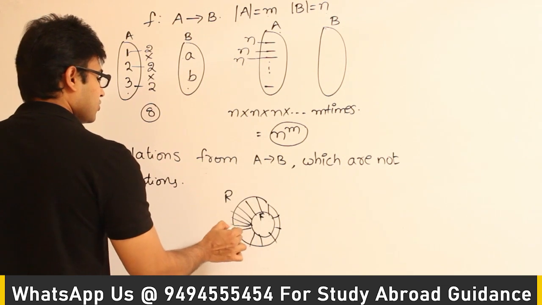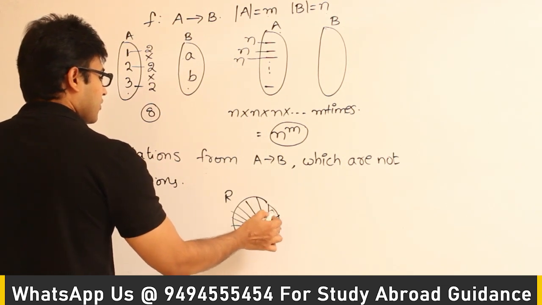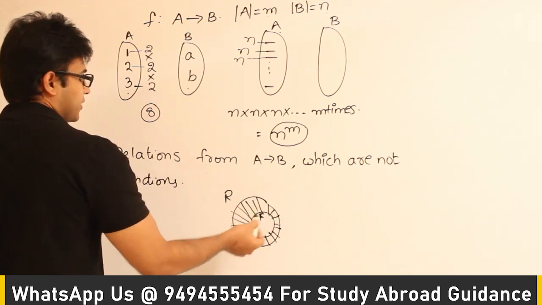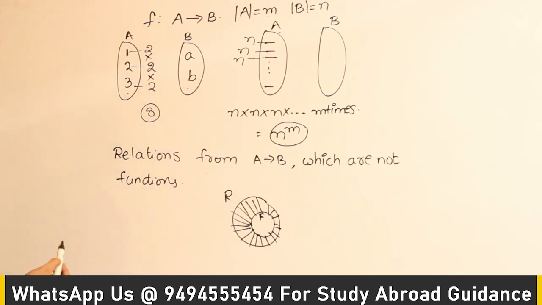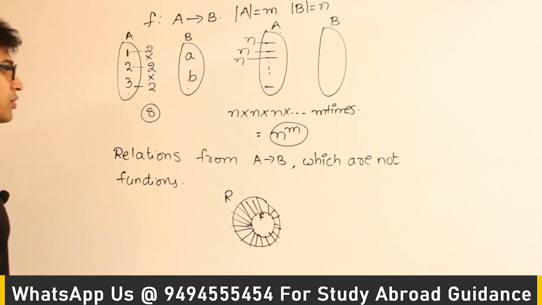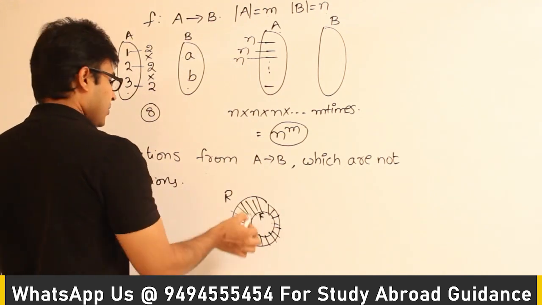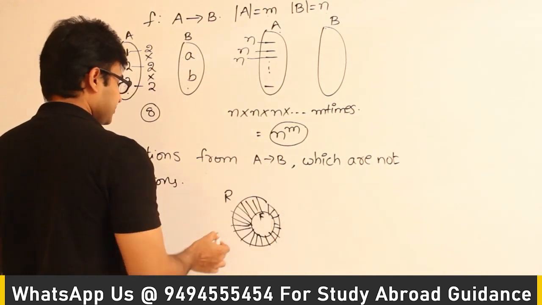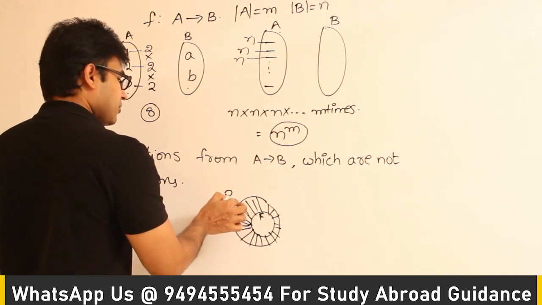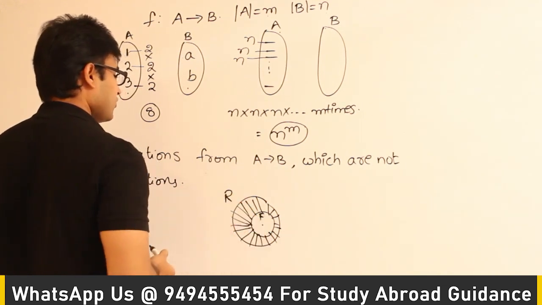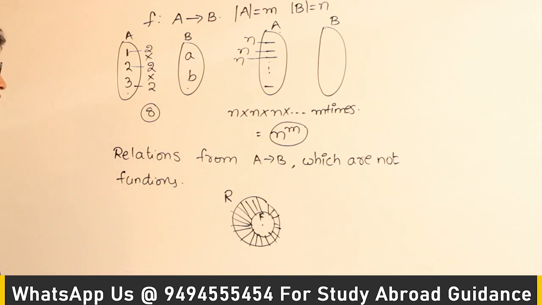This is what I wanted to know. In order to answer this, you should know how many total number of relations are possible, and then how many total number of functions are possible. Then from the total number of relations, if you subtract the total number of functions, you are going to get the total number of relations which are not functions.